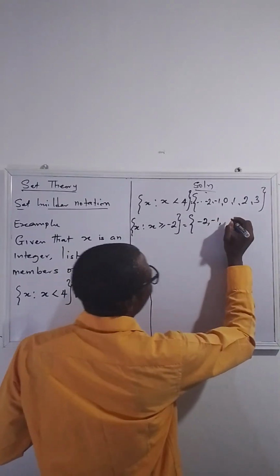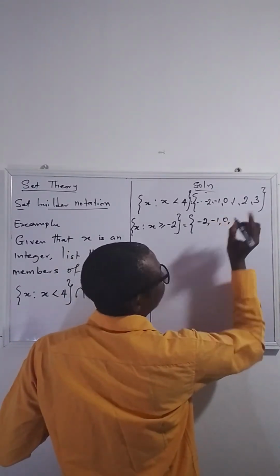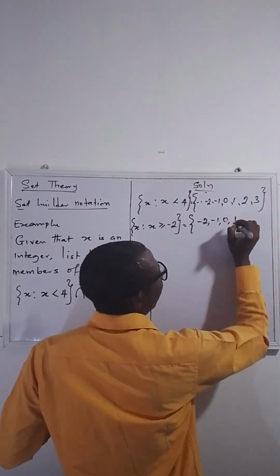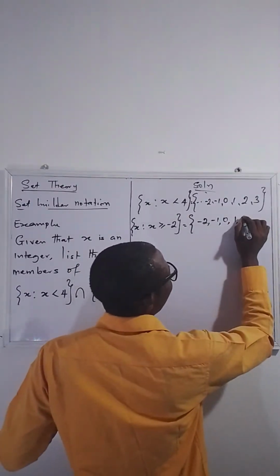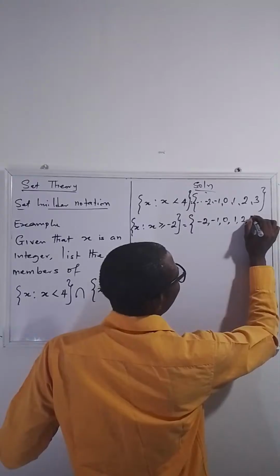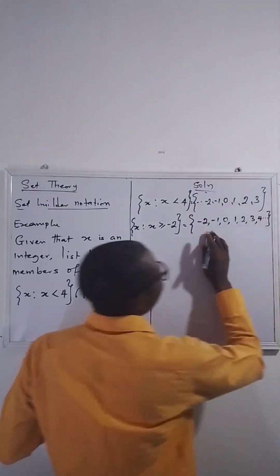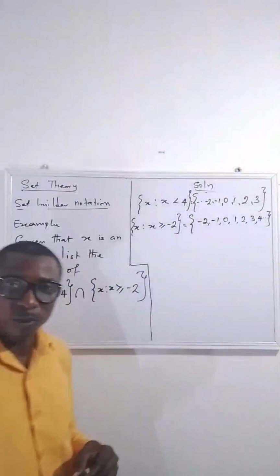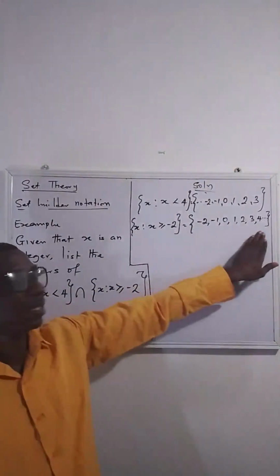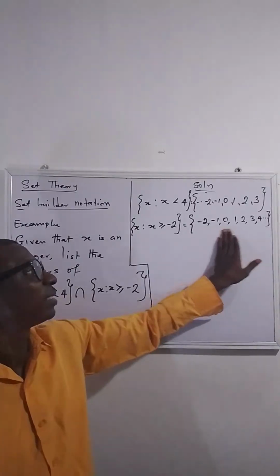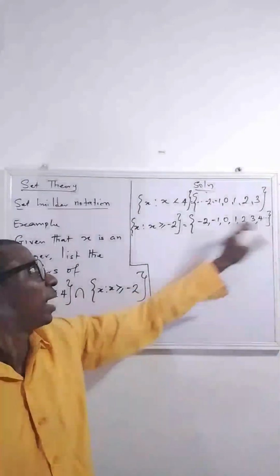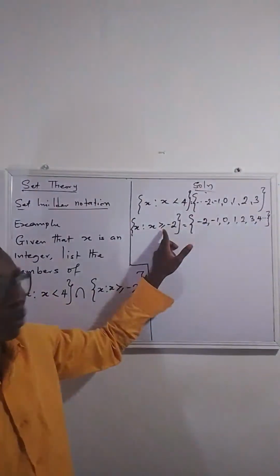We have 0. We have 1. Next we have 2, next we have 3, next we have 4, and so on. These are whole numbers. Hope you agree with me. They are integers and they are all greater than -1 and also equals to -2.